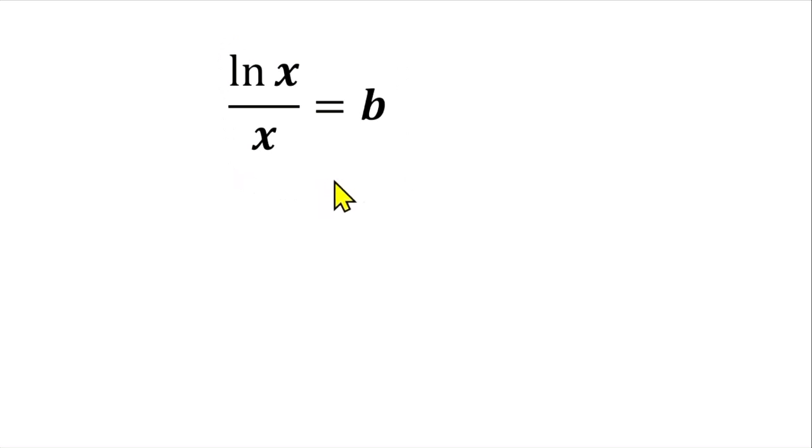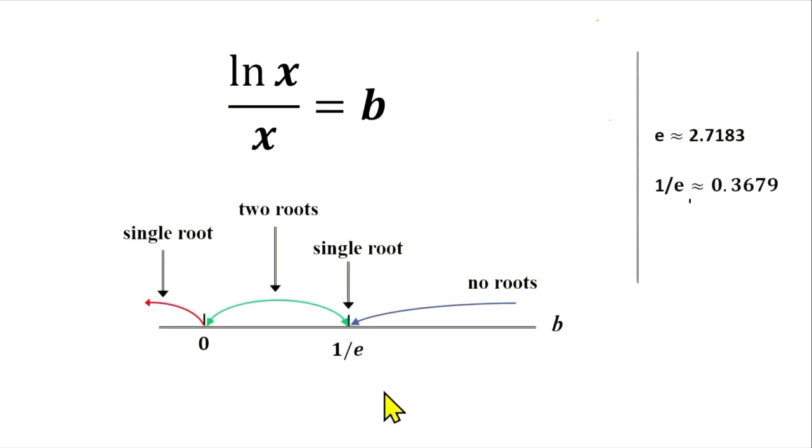The answer is formulated in the form of a diagram, from which we see that the number of real roots varies from 0, no roots, to 2 roots, in an interval of b from 0 to 1 over e, and there is also the region for a single solution, b less than 0, and a specific solution at b equal to 1 over e.